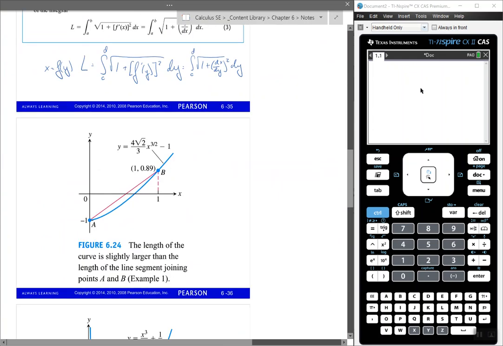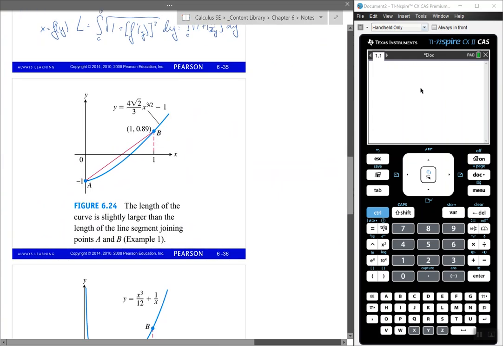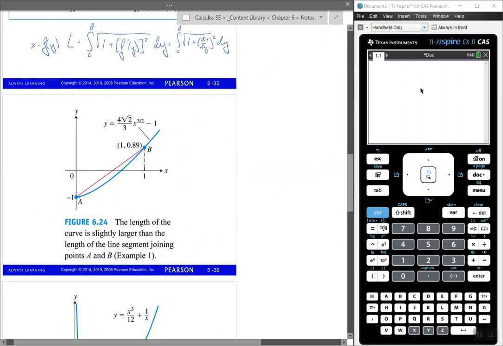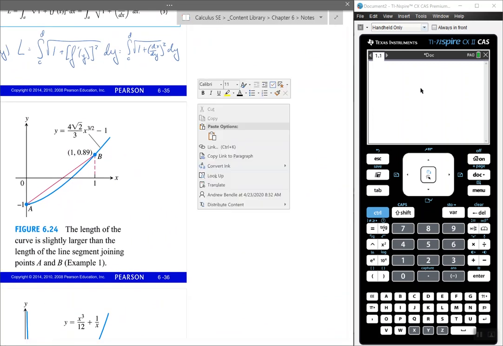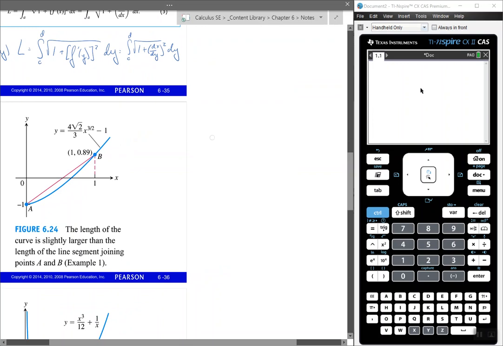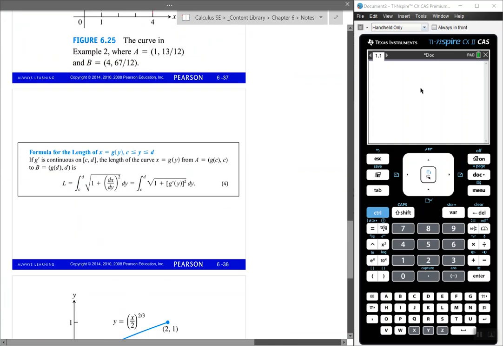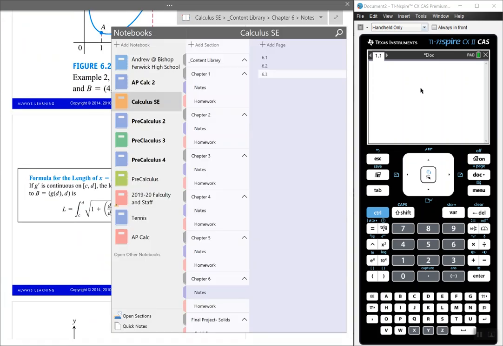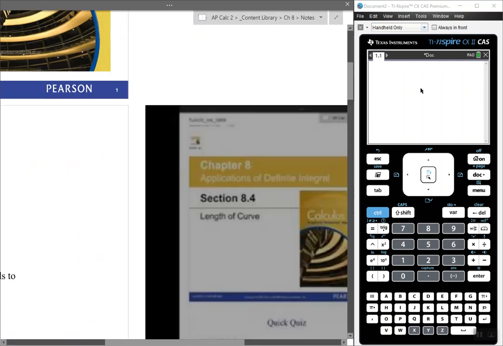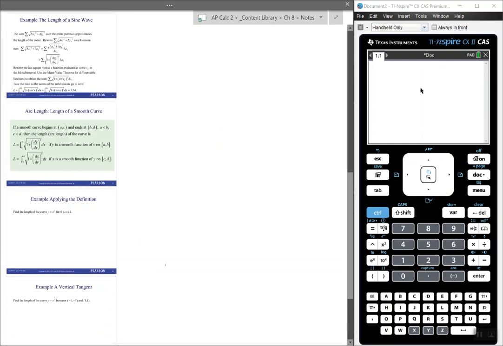That's not really a lot of information there, and they don't give us an example or anything like that, so I think I've got one that I'm going to pop in here. Maybe not. Let me go grab that. Oh, and there's the formula in terms of y. So I'm just going to go grab that other example that I was looking at, and we will use that to go through and actually find the length of a curve here.